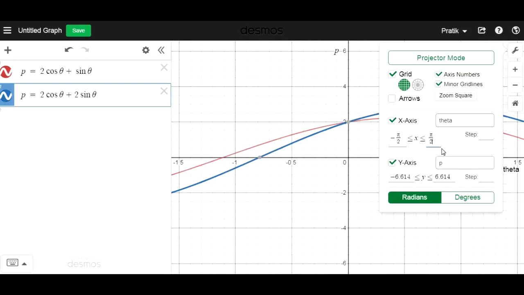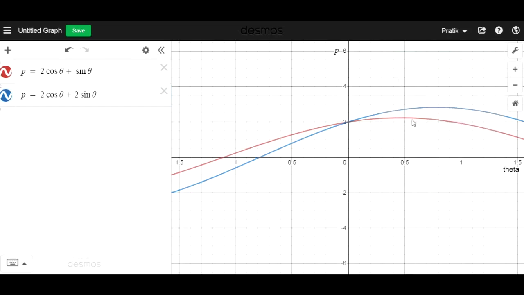I don't want to see the others. So this is what we get. We can see that there is only one point over here where it is intersecting.